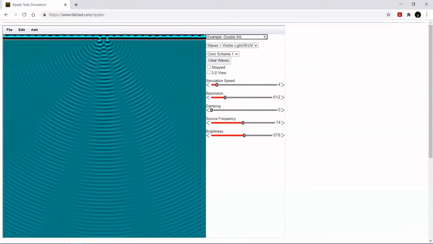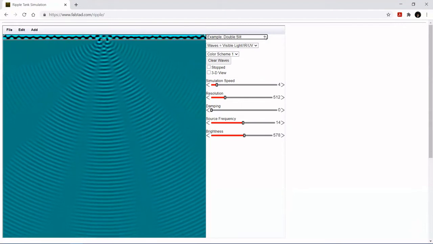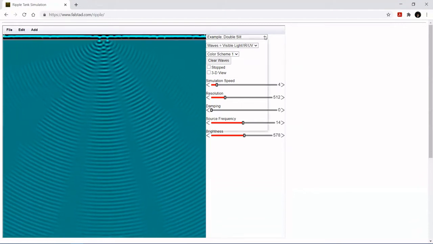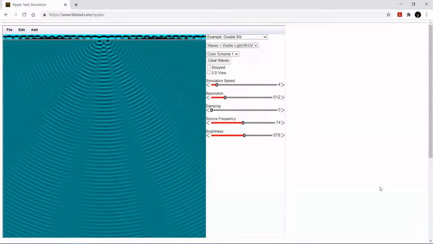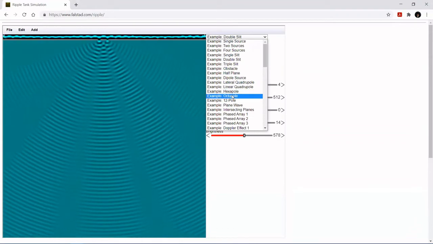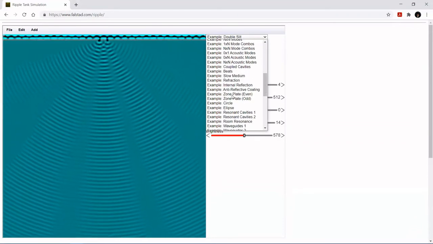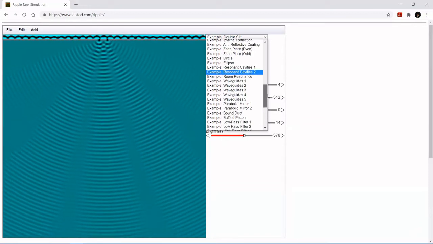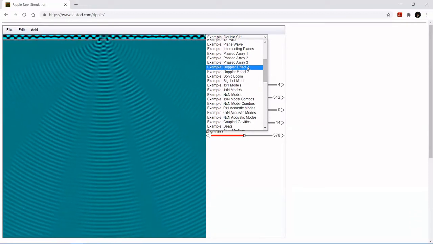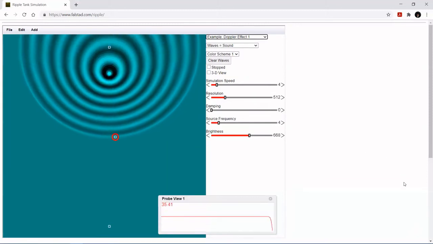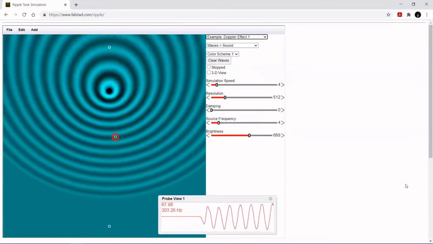Well, we probably won't get to the Schrodinger equation, but we will talk briefly about some bizarre quantum behavior and the Doppler effect. Chapter 16 includes a discussion of the Doppler effect, and we will also use this simulation to investigate that phenomenon. Where can I find that in here? Here we go, Doppler effect number 1. Okay, that's just a teaser. We'll come back to that later.